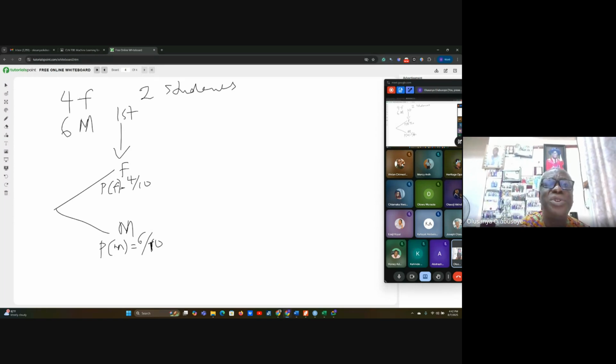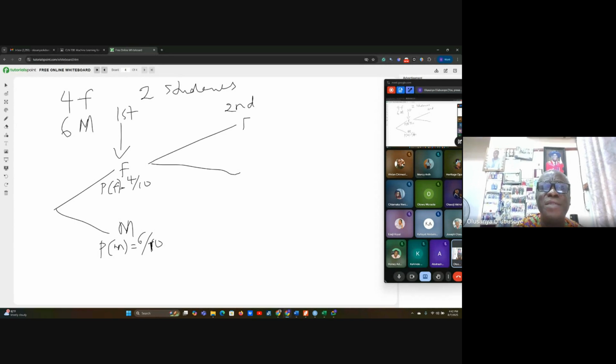Now we are going to the second selection. In the second selection, you could also have this scenario if female was picked in the first. So you could also have female or male. Also, if male was picked in the first, you could also have female or male.